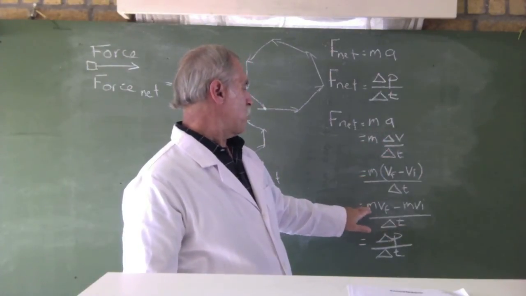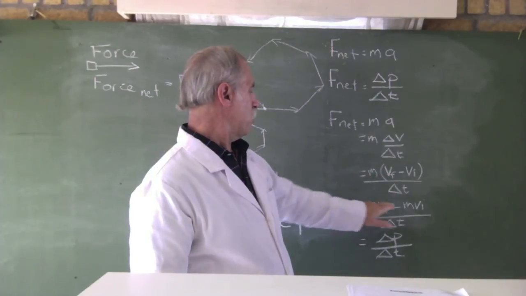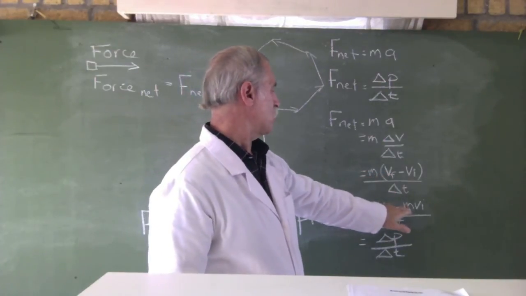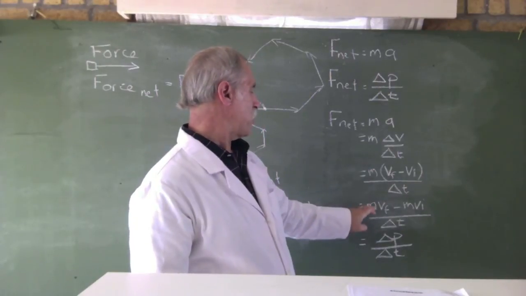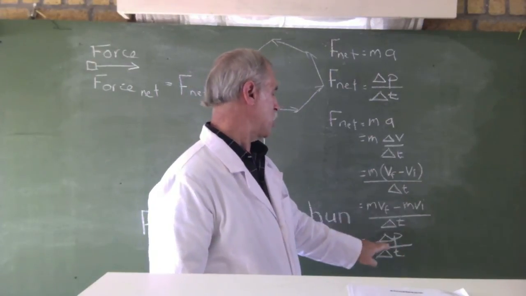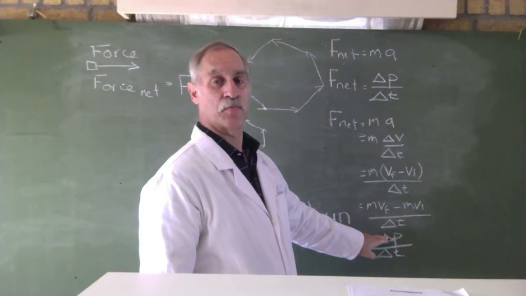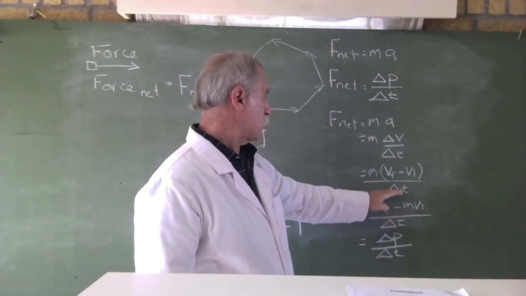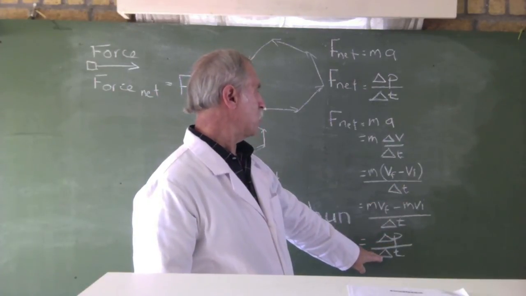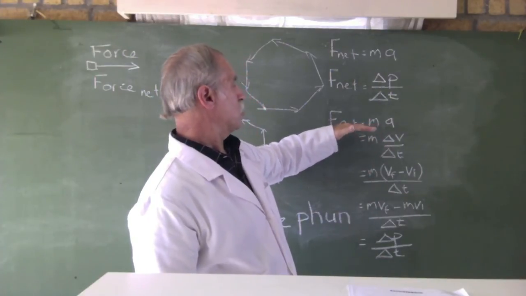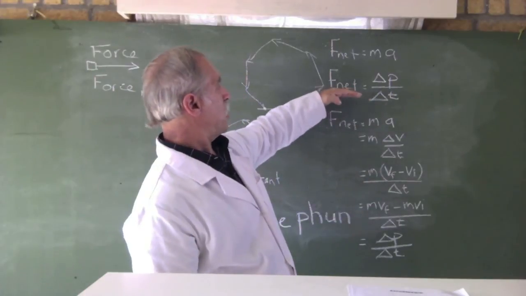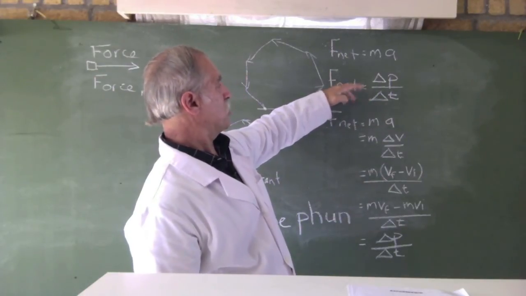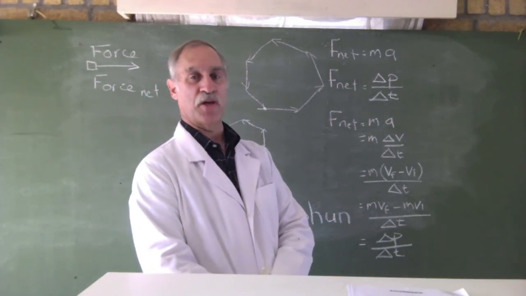Getting rid of the brackets, mass times final velocity minus mass times initial velocity. But that is otherwise known as change of momentum, and there it was all over change of time. So we've now proved that Newton 2 is the same as force net equals rate of change of momentum.